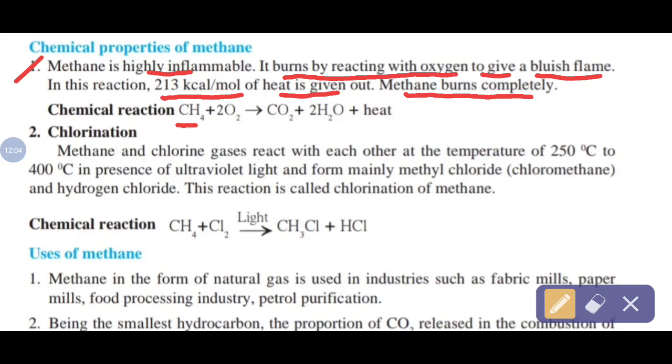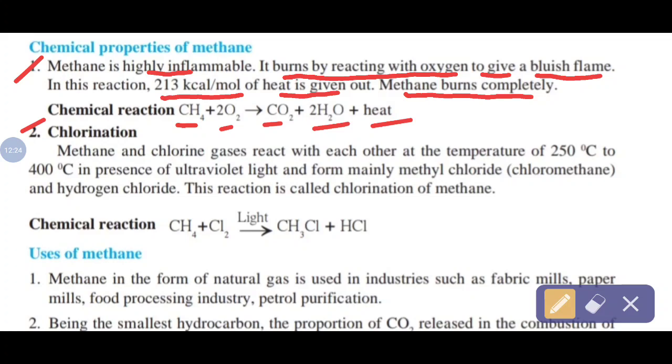Then below that, you write the formulas. The formula of methane is CH4 plus oxygen, O2, to form CO2 plus water plus heat. All are getting? Next.